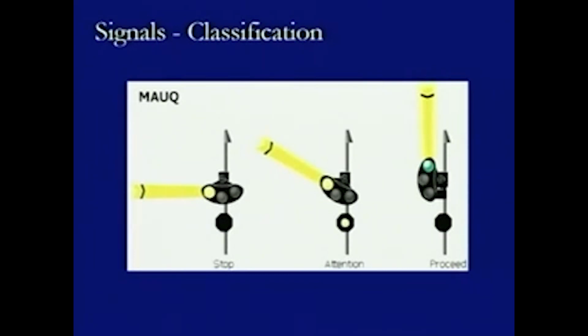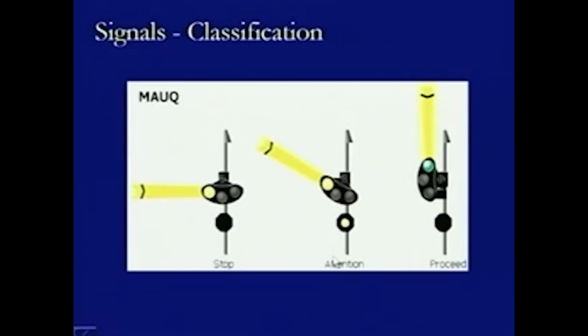Further, this is a multi aspect upper quadrant Warner signal, where it works in the same way as we have seen previously in the case of the semaphore signal, but there is some difference, not only in the type of the movable arm which we are using. In this case, yellow means not caution, but attention.